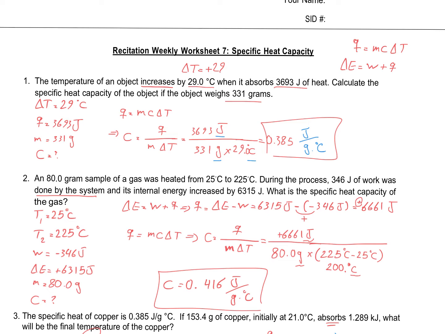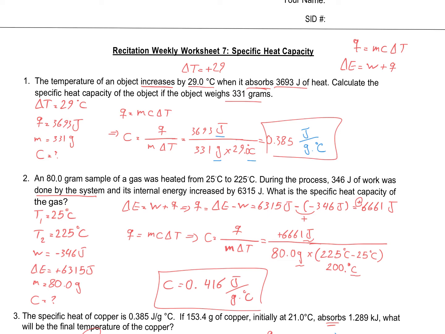When it absorbs the heat, the Q is positive. So the Q is plus 3693 joules. And it wants us to calculate the specific heat capacity of the object if the object weighs 331.